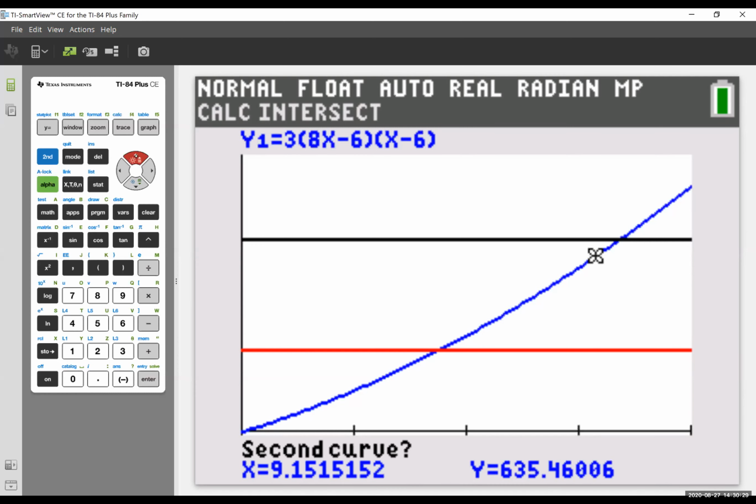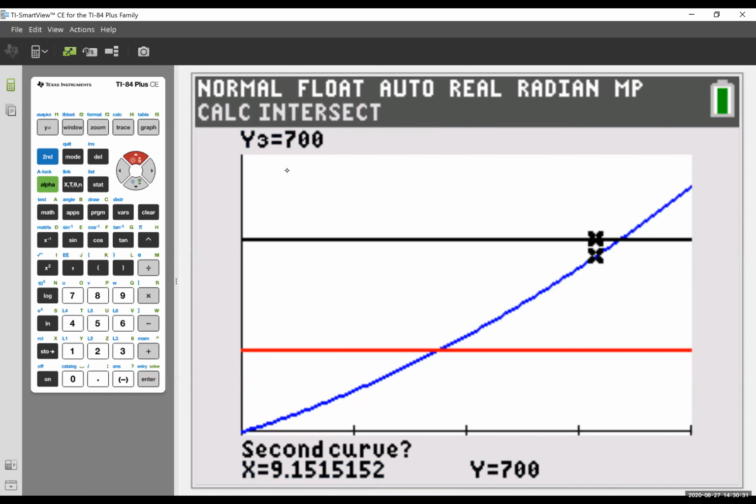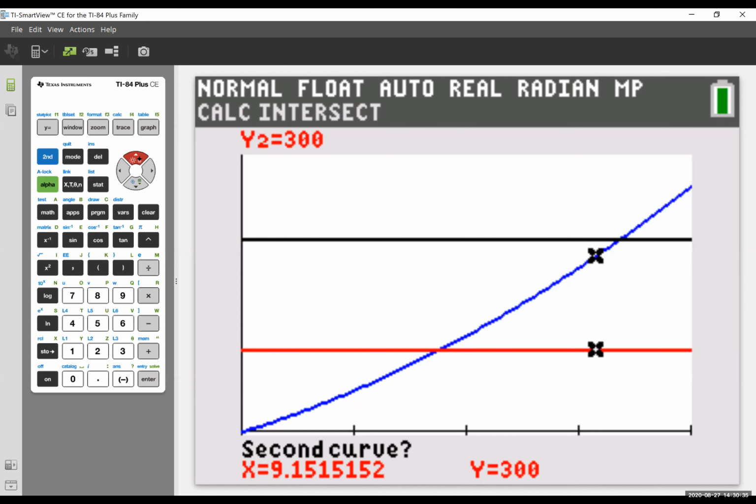If you press up one more time, you will notice that the cursor moved to the next curve. And you can keep pressing up or down and it toggles between all of the curves so that you know how to move just in case. Left and right will only move you along the curves, but it won't switch between the curves. So that's a very important part that we learn as we're playing with our TI.